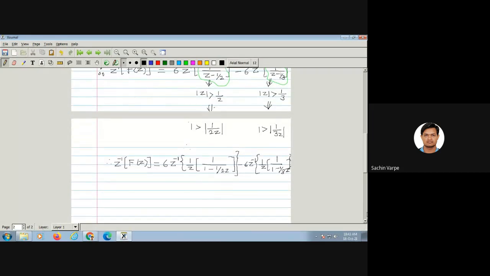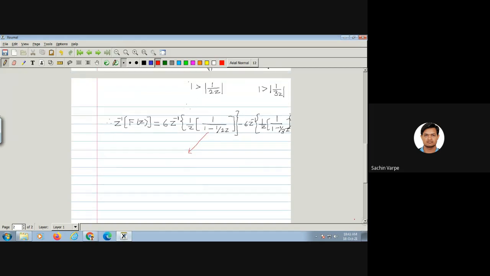Now we can expand. So what is the expansion of this? Separately I'm writing here. This will be 1 by z into, okay, I'm writing completely, otherwise you may get confused. So here the inverse z transform of f of z will be f of k, right?